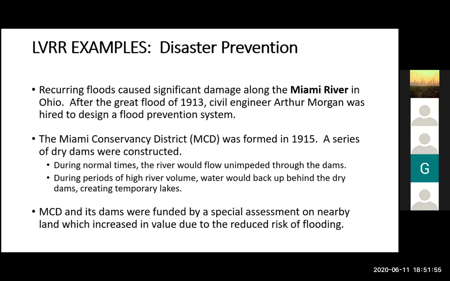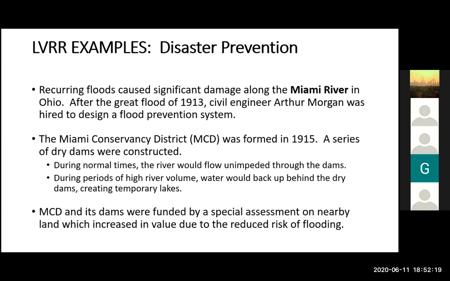And these lakes stored the water in a controlled way to avoid the damage and the loss of life that happened before. So the Miami Conservancy District and its dams were funded by a special assessment on the nearby properties, which were the beneficiaries of the dams.